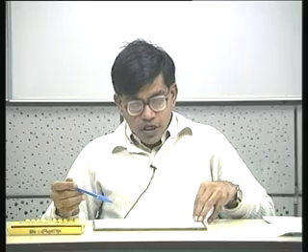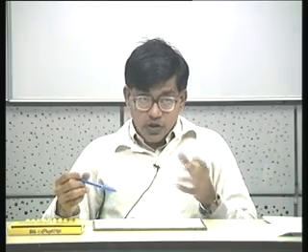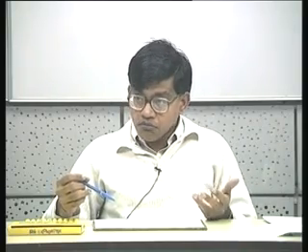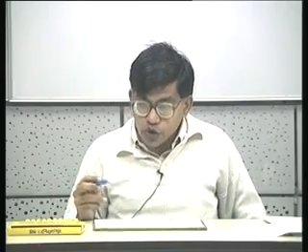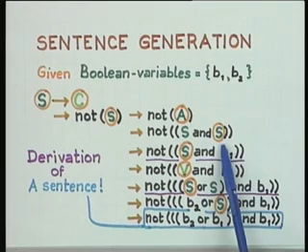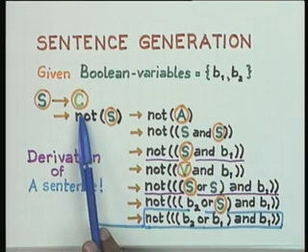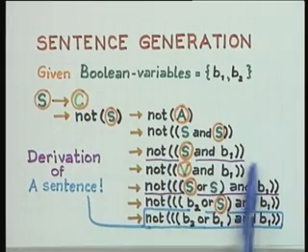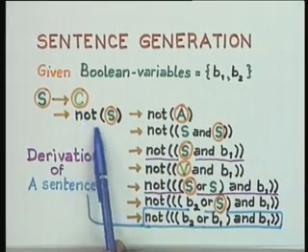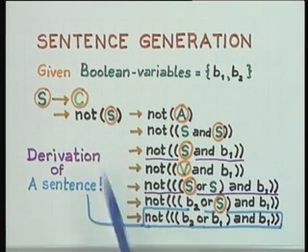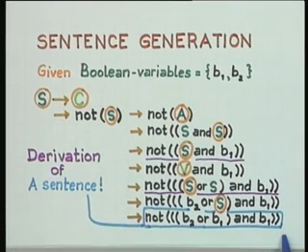However, there is a certain amount of order. For example, you could never have applied any of these productions before applying this production, C goes to not S, if you are interested in generating this sentence.